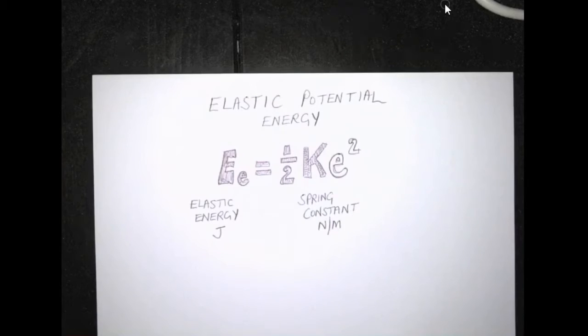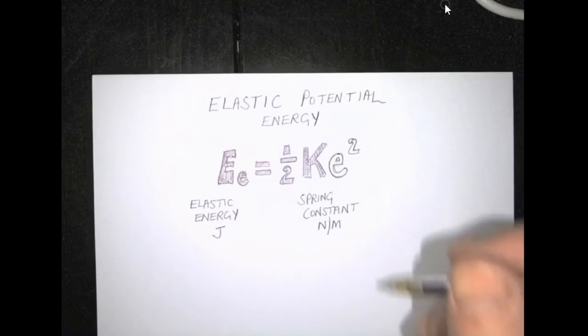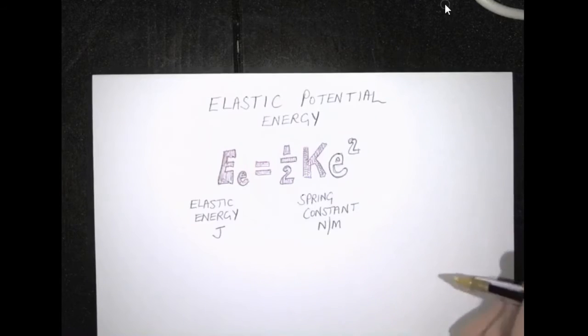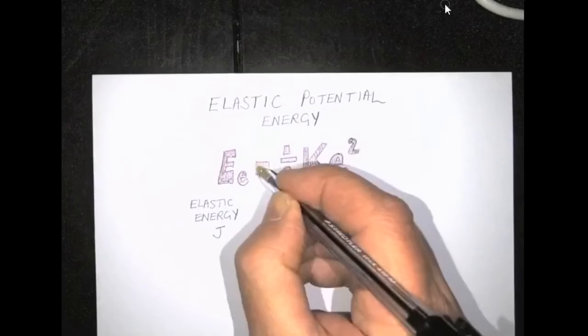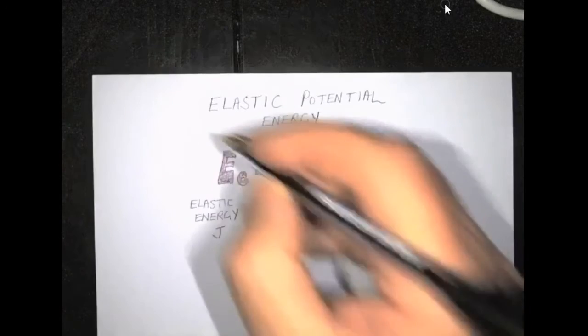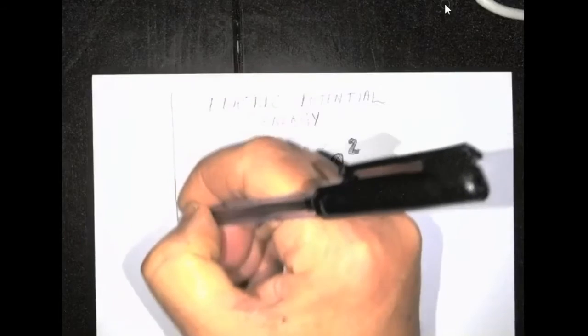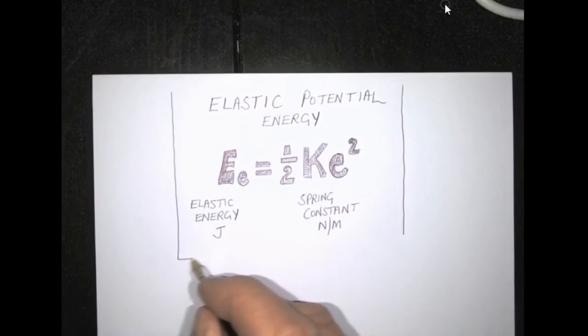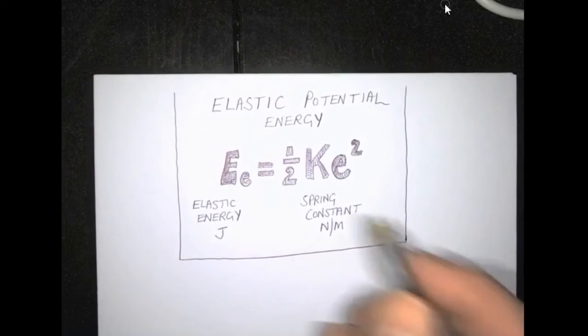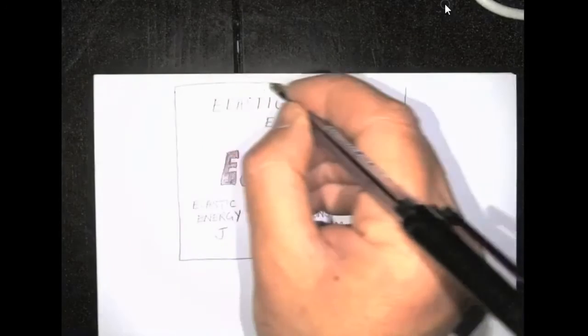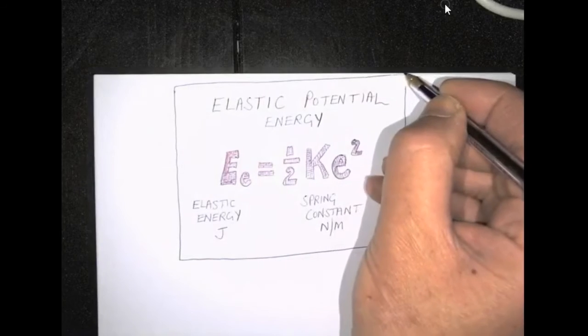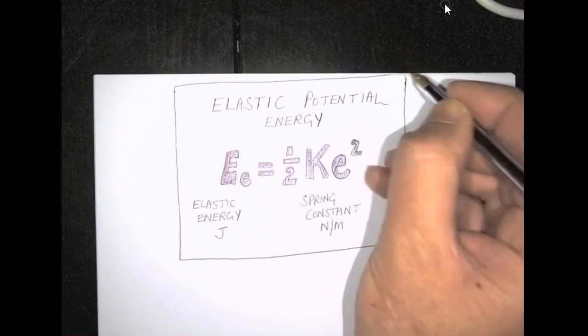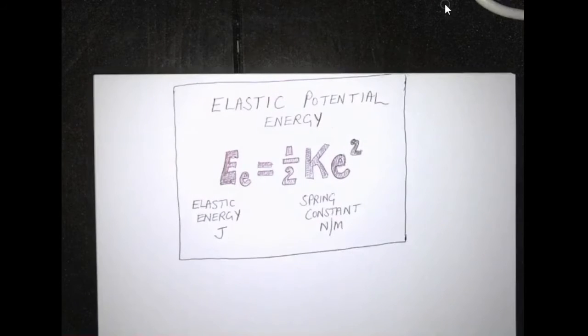And e is the extension, which is measured in meters. So there really are a lot of e's in this equation. E equals half k e squared.